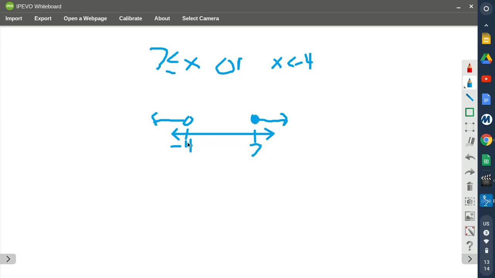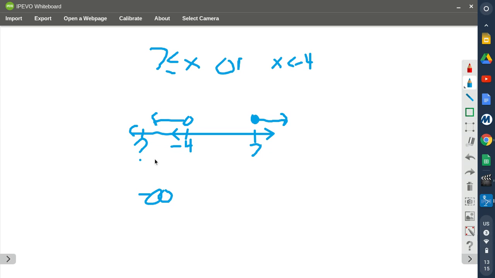Immediately you can tell this is an OR problem. But how do I do this in interval notation? We'll start off with -4. You have your 2 numbers, but what's this number? Well, it can be as small as possible, so it's -infinity.